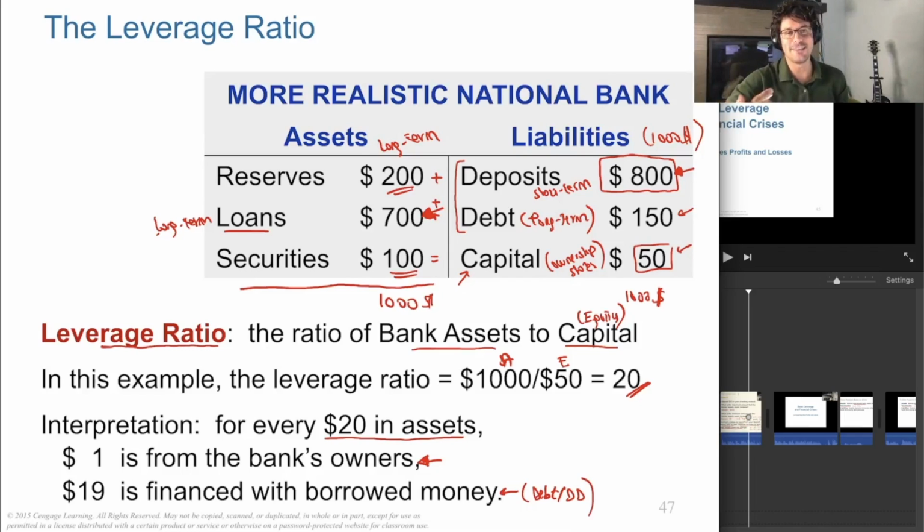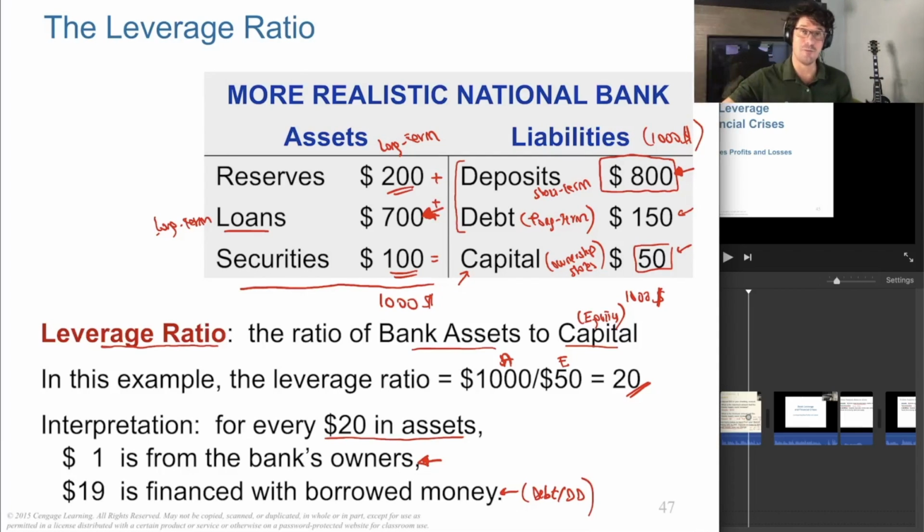It's like if you go to a casino and you use your $100 and you borrow the other $900. Now the question is the following. If you have a very small stake when you gamble, would you take more or less risk?